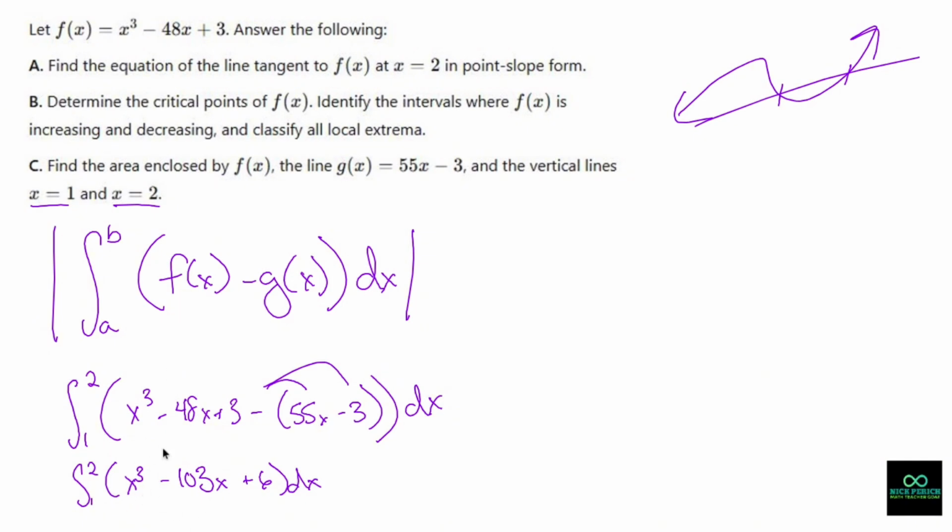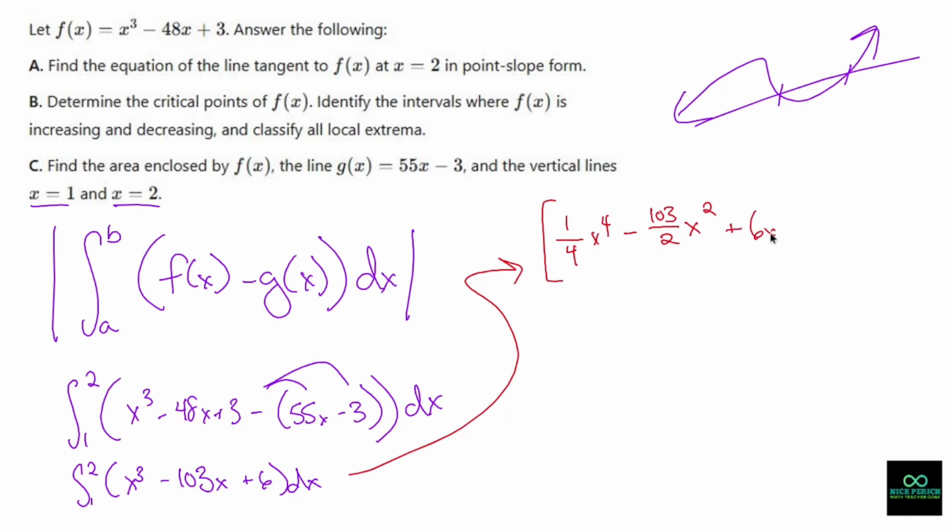The integral of x to the third is going to be 1/4 x to the fourth. The integral of negative 103x is negative 103 over 2 x squared. And the integral of 6 is 6x. And my limits are 1 and 2.